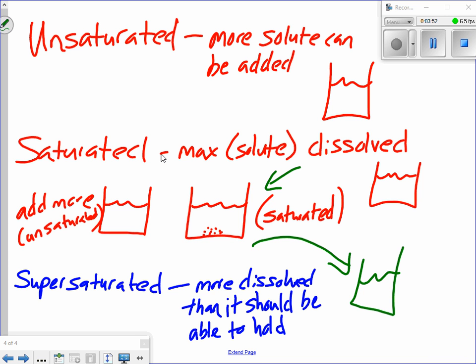Now, if I add another crystal into it, what happened when we added the second crystal yesterday? Everything fell back out. All this stuff that wasn't supposed to be there came back out. It was just a lot. So at that point, when it fell back out, is it supersaturated, or does it look like this again? Now it's saturated again. Does that make a little bit more sense? Be honest if it doesn't.